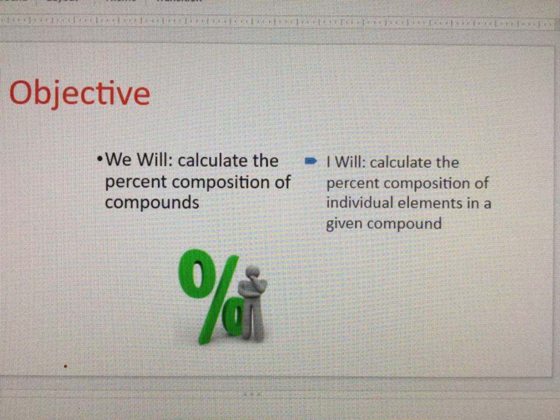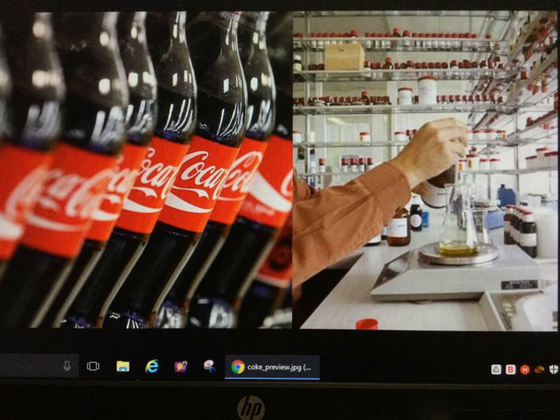Today we're going to be doing percent composition here in chemistry. You're going to be able to find the percent composition of any element in any kind of compound in any kind of product. Okay? And what do I mean by product? You can take any product, let's say like Coca-Cola, and you can break it down and get all the different chemicals that are in that product.